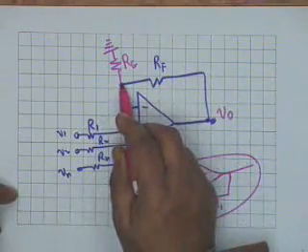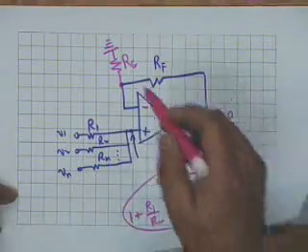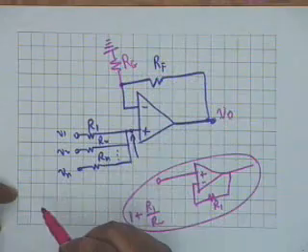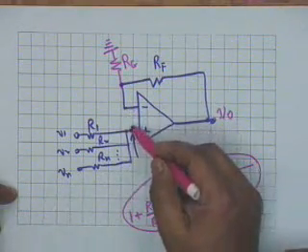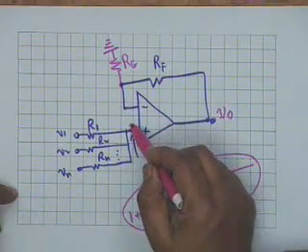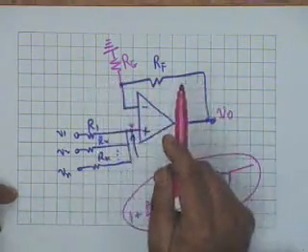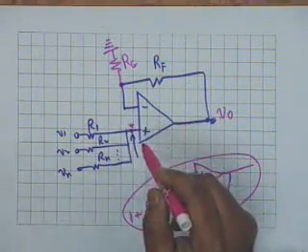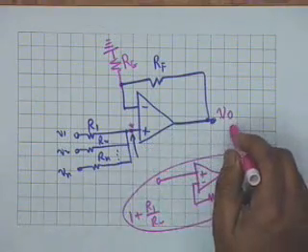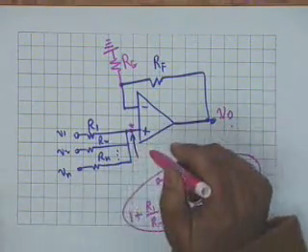It would be V0 Rg divided by Rg plus Rf. And because no voltage can exist between these two, this voltage shall be the same as V0 Rg divided by Rg plus Rf. So equating these two, you can then find out the voltage V0 in terms of V1, V2, Vn. This is one method.